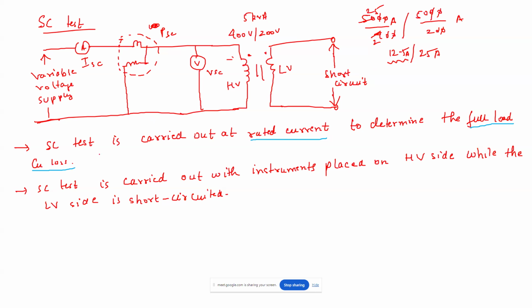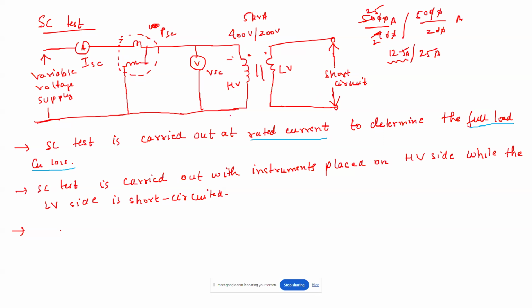Now you will see the equivalent circuit diagram. Another thing: when you have short circuited the low voltage side and you are giving the voltage supply till you get the rated current ISC, suppose ISC is 12.5 ampere, you will increase the auto transformer very slowly. You will see that the 12.5 ampere begins to flow at only 5 to 10% of rated voltage. So this is 400 volts, and at only 30, 35 or 40 volt you will start to get 12.5 ampere, because this is short circuited.